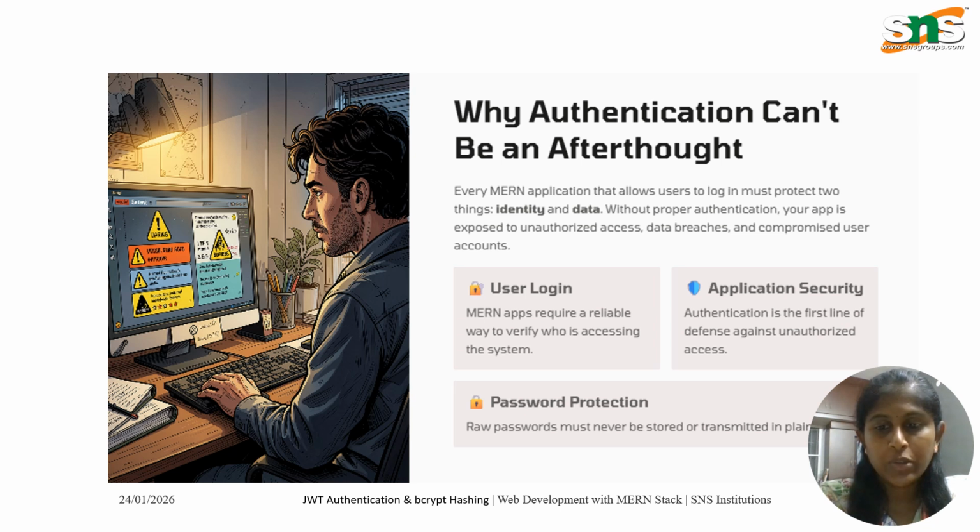JWT is widely used because it is lightweight, secure, and works efficiently with APIs and distributed systems. At the same time, bcrypt hashing is used to securely store passwords in the database. Instead of saving passwords directly, bcrypt converts them into encrypted hash values. This prevents attackers from seeing the original password even if the database is compromised.